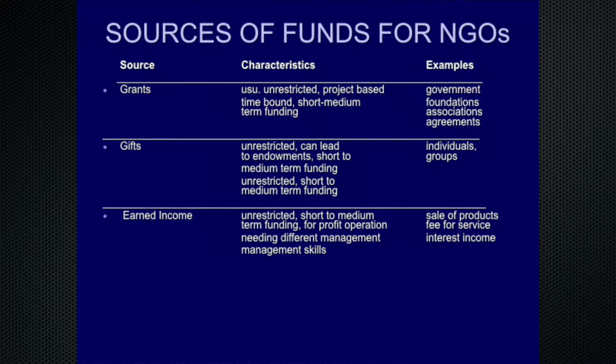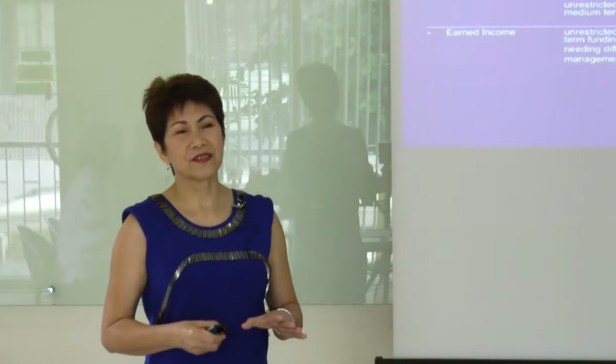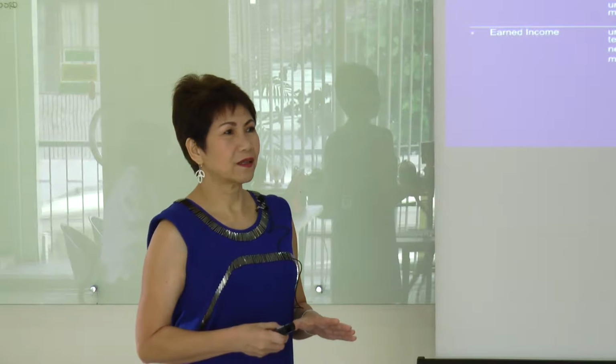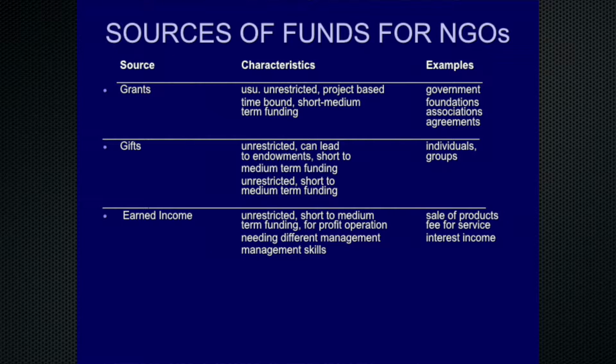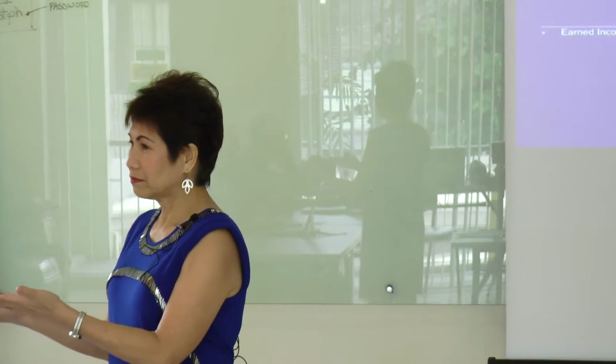Let's review the sources of funds for nonprofit organizations. Normally, there are only 3 main categories of gifts for the nonprofit. These are grants, gifts, and earned income. If you look at your organization, if you're a church, you would have tithes and offering every week.